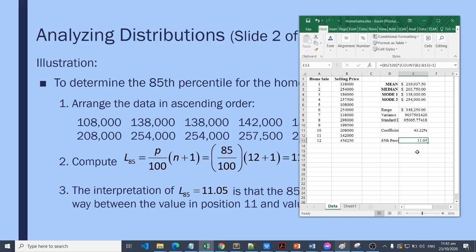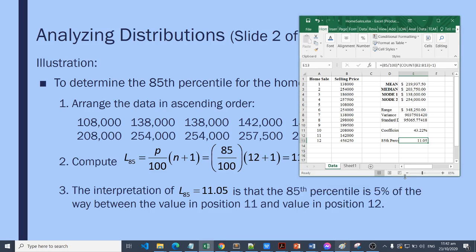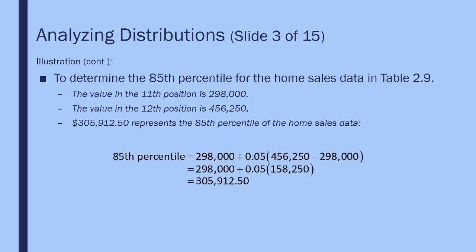The interpretation of this is that the 85th percentile is 5% of the way between the value in position 11 and the value in position 12.